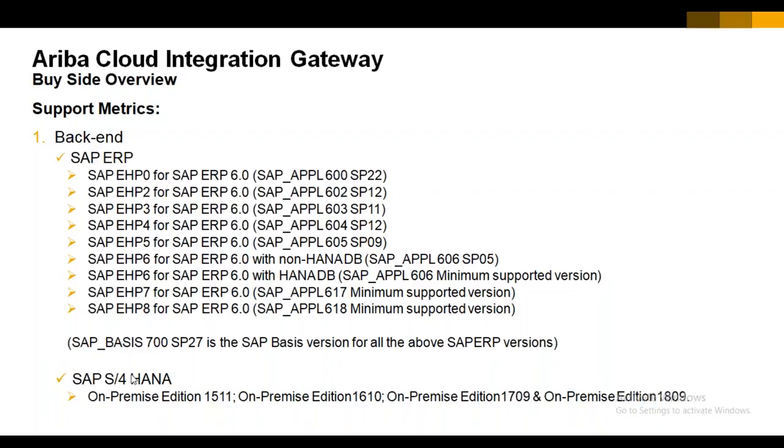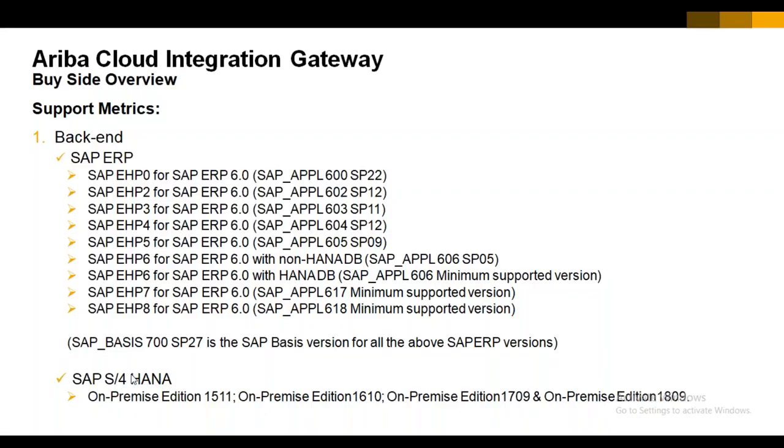So in case of SAP S/4HANA, whatever version they have, for example, 1511, 1610, 1709, 1809, 1909, 2020, CIG is supporting all the versions of SAP S/4HANA. So there is no limitation from the HANA point of view. Whatever version they have, we can go ahead with CIG.